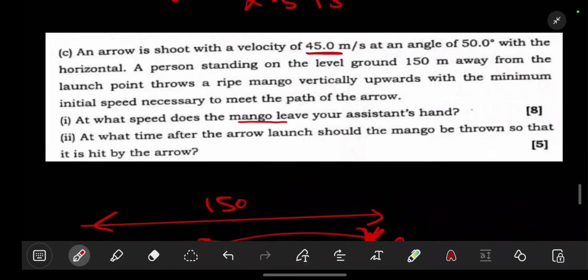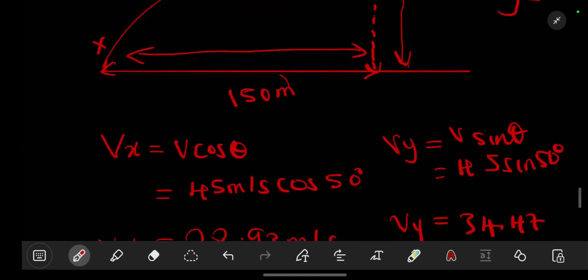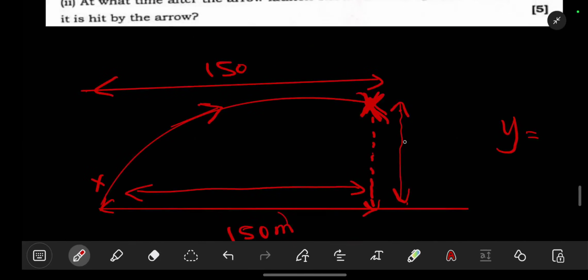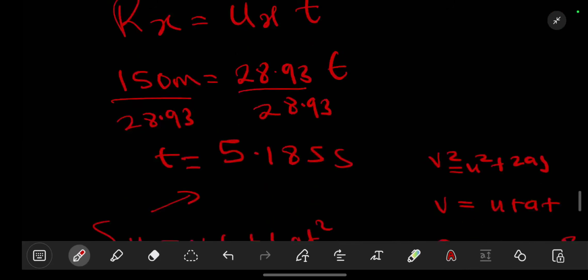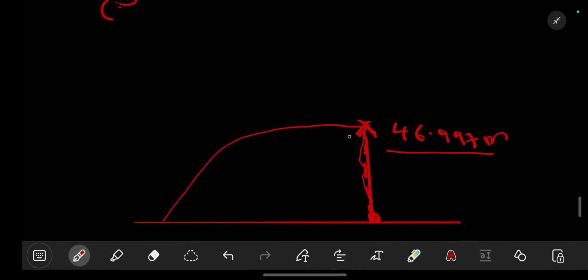The key term in this question is that they ask for the minimum initial speed necessary. Minimum initial speed means it should just be able to travel a distance of 46.99 meters up, and then from there it should stop.